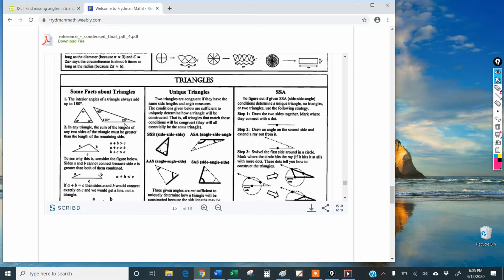And specifically, we're just going to need this one piece of information right over here. The interior angles. Interior is just a fancy word for inside. So the angles on the inside of a triangle always add up to 180 degrees.